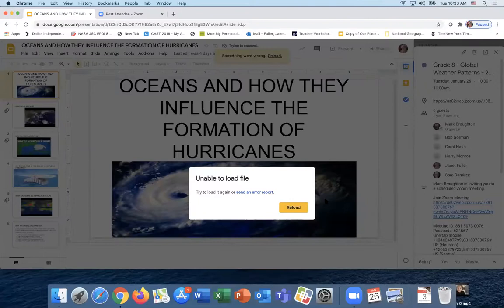If you go back to start your screen share and then go to the bottom of your computer and open the Chrome icon again. Okay. It's still refusing to connect. Oh no. I'm unable to load the file. I guess it was too large.